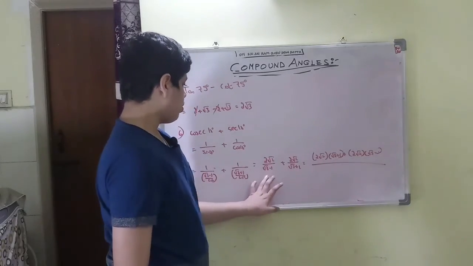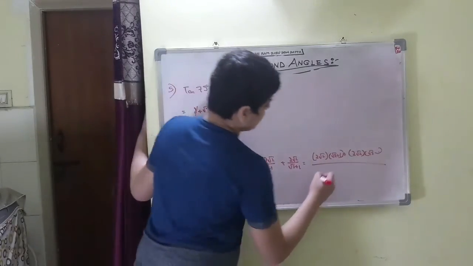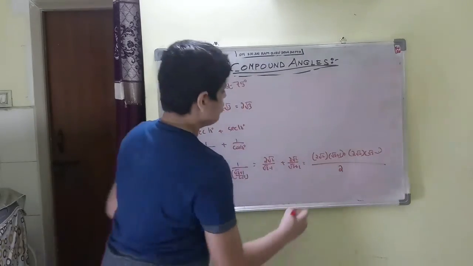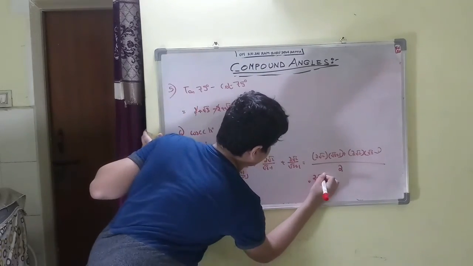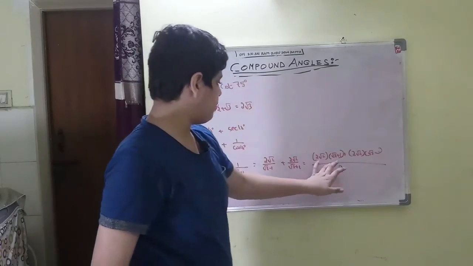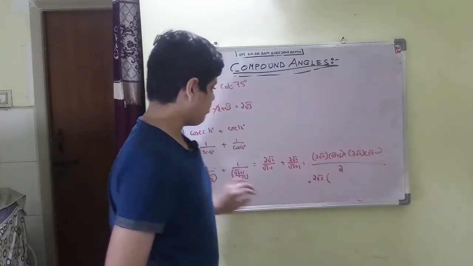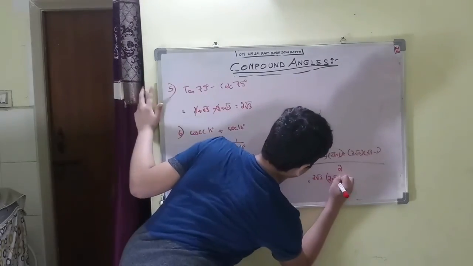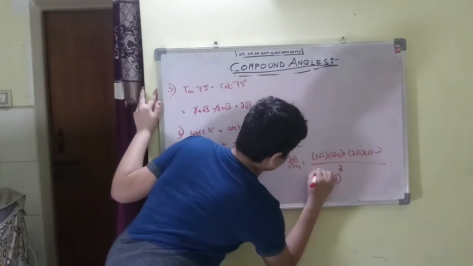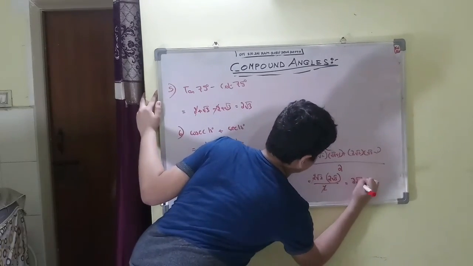So this will be root 3 whole square minus 1, that is 3 minus 1, which will be 2. So if we take 2 root 2 common here, it will be root 3 plus 1 plus root 3 minus 1, the 1s get cancelled, 2 root 3 upon 2. So 2 we can cancel here, it will be 2 root 6.